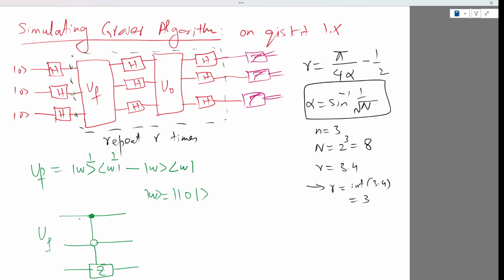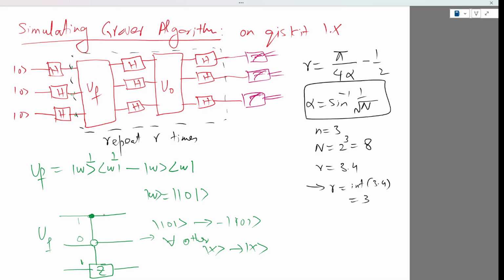So when this line is 1 and when this is 0, this Z gate will be active, and when this is 1, then the Z gate will give it minus sign. So this means that if the input is 101, the output would be minus 101, and for all other inputs, x will go to x, because either the Z gate will not be active, or if the input here is 0, then the Z gate will not give it a negative sign.